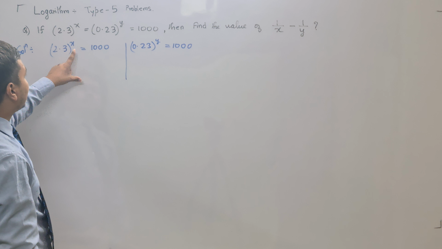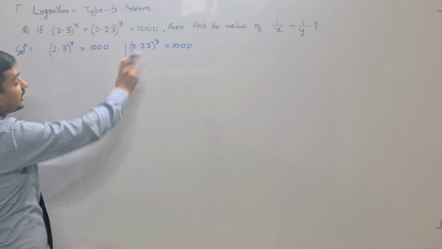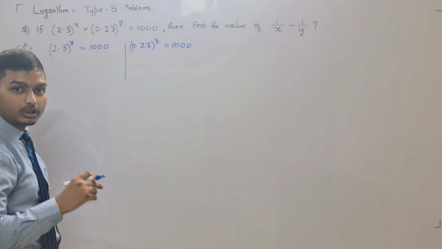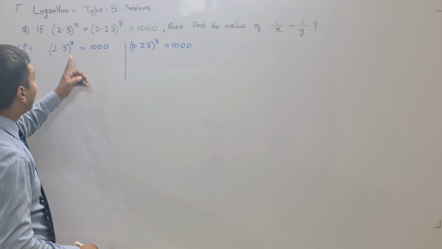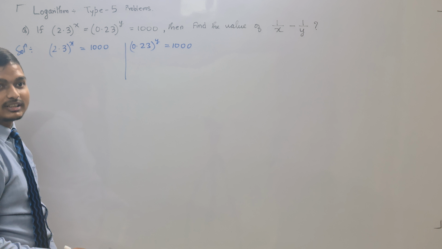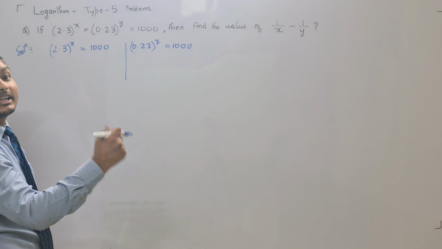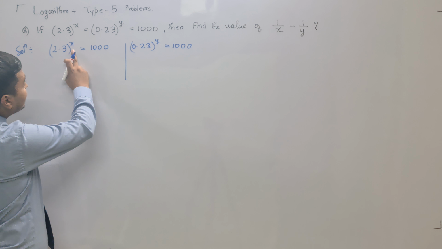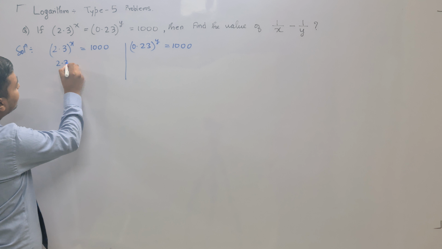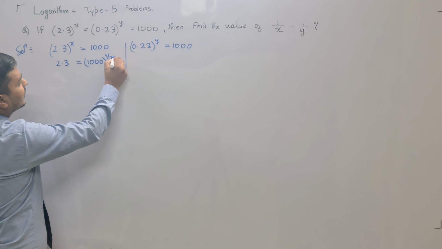Now after that, this x value is there. If I am shifting it to the other side, as in the previous video, if you didn't watch it then you can continue. In that video we learned that if a square root is transferred to the other side, it becomes a square, and if a square is transferred, it becomes a square root. So here it is x; if I transfer it to the other side, it will be 2.3 equals 1000 power 1 by x.